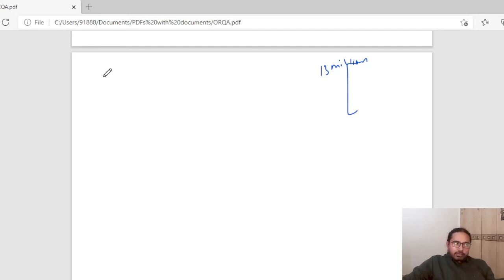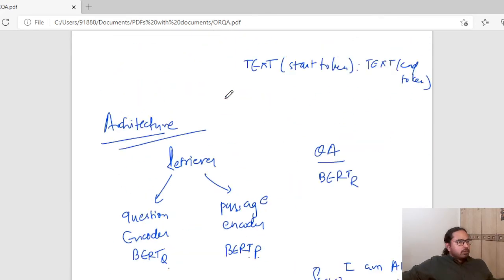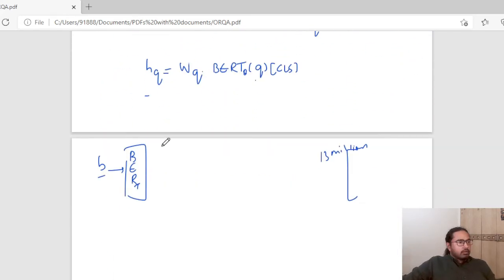So what happens is, let's say there is one single block here. We pass this block to our BERT P model, and we take the representation of the CLS token and multiply it with a trainable weight, which is WB here, and that's how we get the representation of a block.